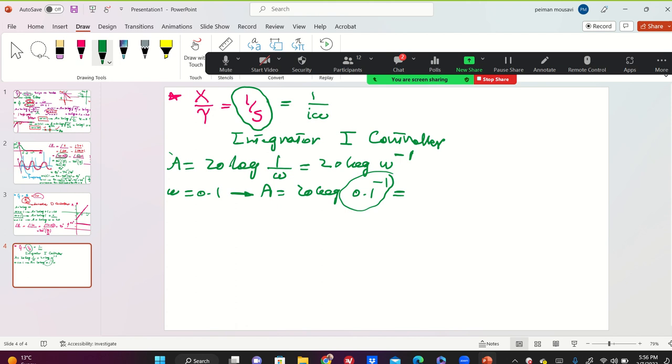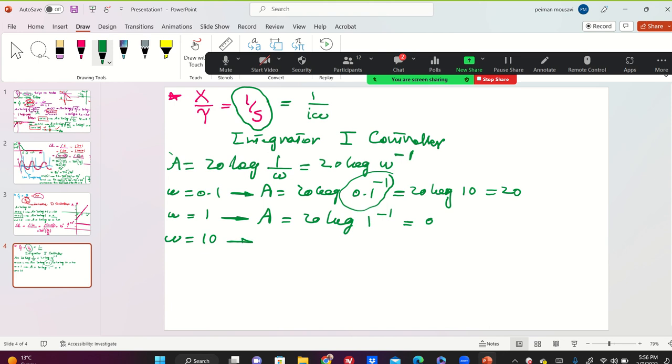Total, this is going to be 10, so this is going to be 20, exactly. Now if I say omega is 1, A is going to be 20 log of 1 to the power of minus 1. It's going to be 0. Doesn't matter. If I say omega is 10, A is going to be 20 log of 10 to the power of minus 1, which is minus 20.